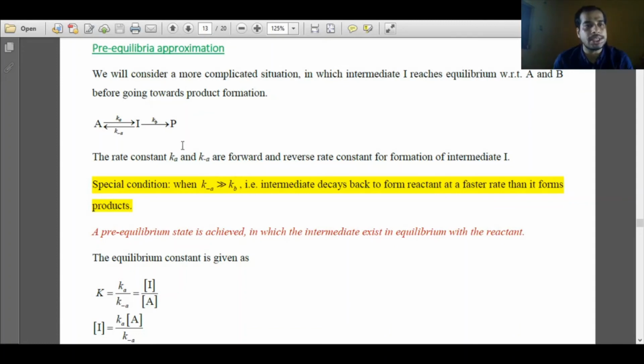When was the steady state approximation applicable? When the intermediate prefers to form product P, when Kb was much larger than Ka.